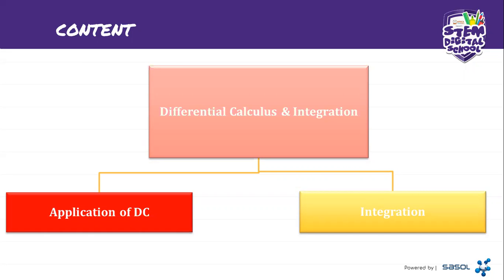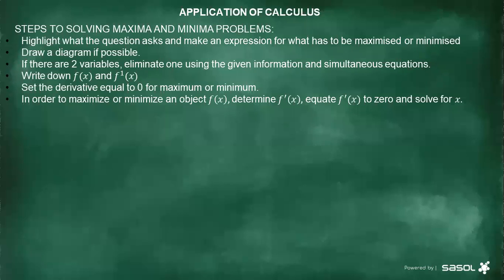Now, application of calculus: the steps to solve maxima and minima problems. The first step is to identify what is to be maximized or minimized. The second point says draw a diagram if possible.